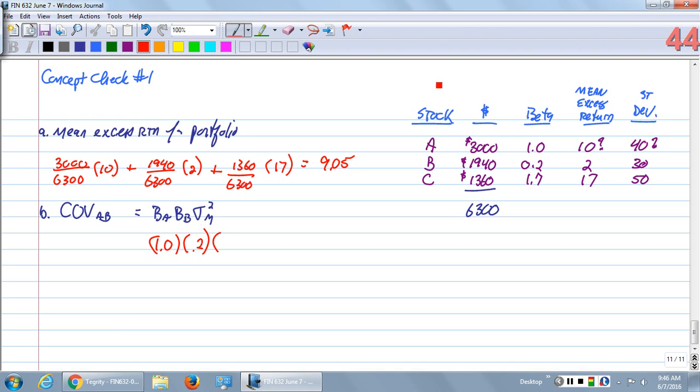They gave us also that the standard deviation of the market index is equal to 25%. So I need to multiply that times the variance, so it's going to be 0.25 squared. So 1 times 0.2 times 0.25 times 0.25, which is 0.0125.